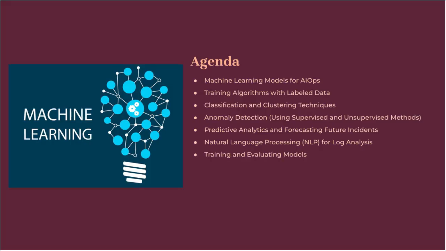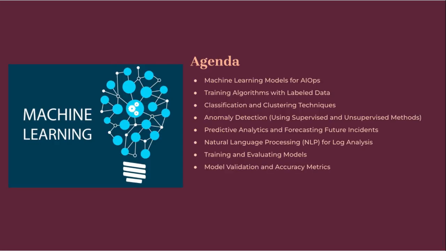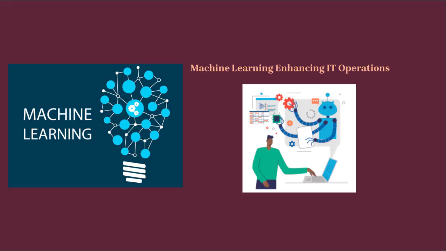To ensure our models perform optimally, we'll go through training and evaluating models, followed by model validation and accuracy metrics to measure their effectiveness. Finally, we'll wrap up with fine-tuning and improving models over time, ensuring continuous learning and adaptation in evolving IT environments. By the end of this session, you will understand how machine learning enhances IT operations by reducing downtime, improving efficiency, and enabling proactive incident management.